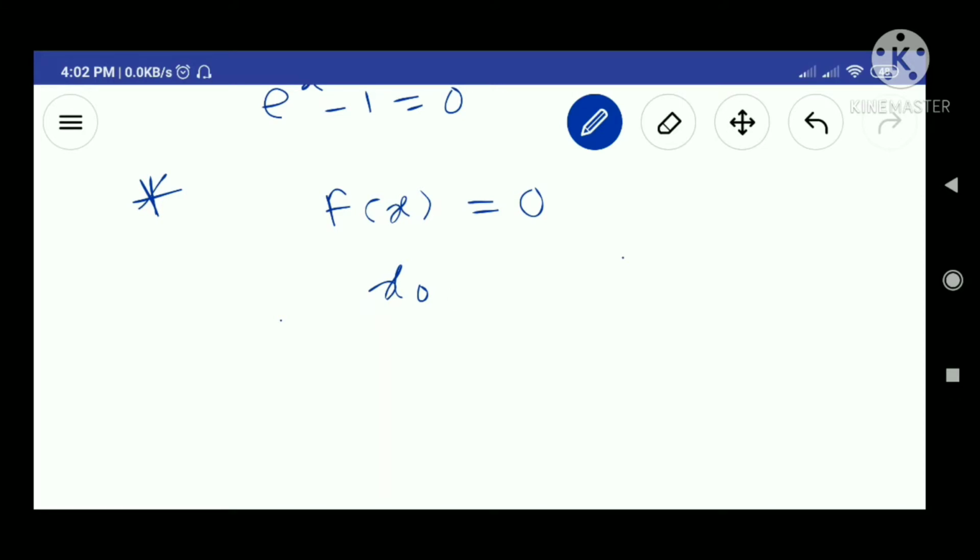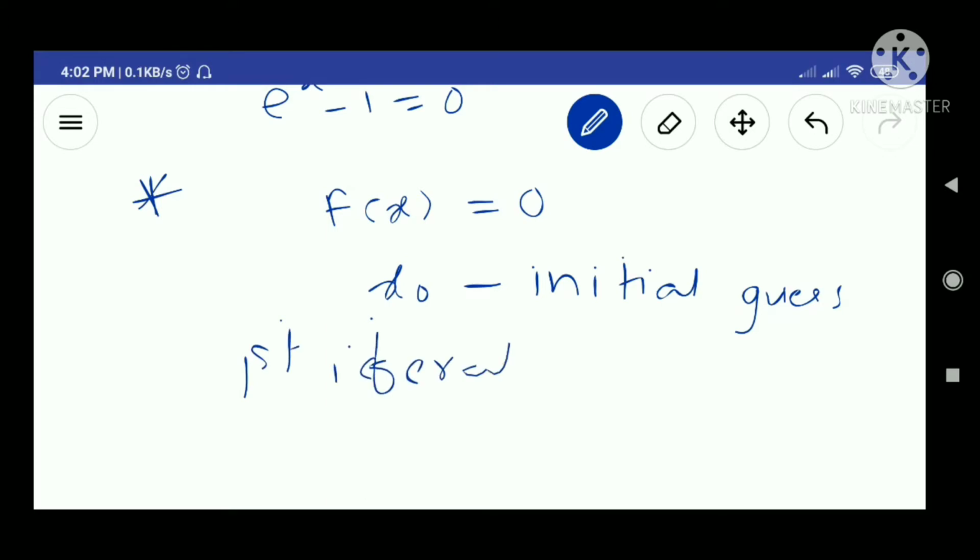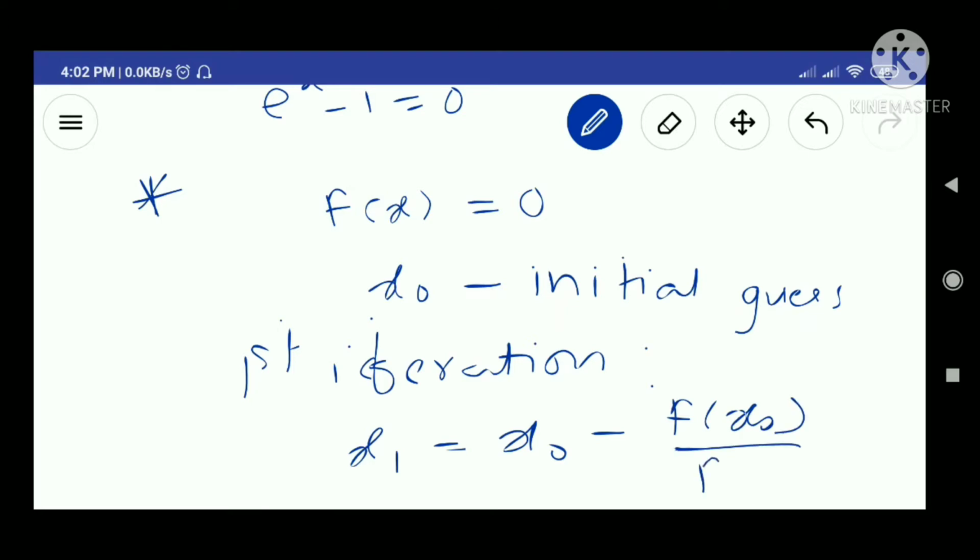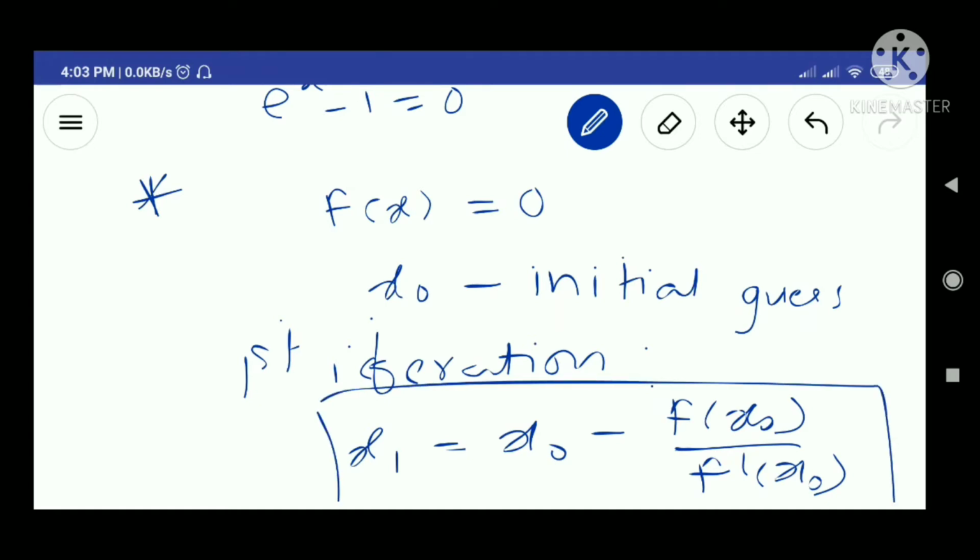So if x0 is the initial guess, then the first iteration is given by x1 is equal to x0 minus f of x0 divided by f dash of x0. By using that formula you can estimate the value of x1. x1 is the first iteration.